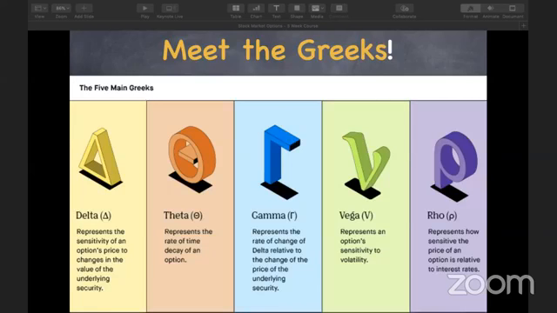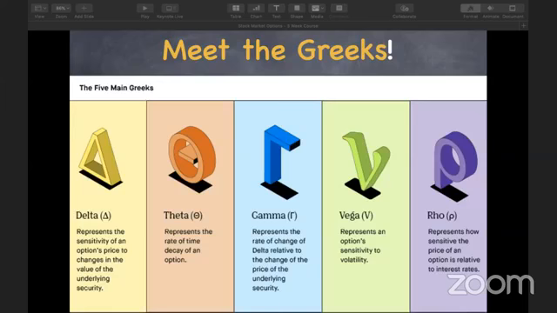Theta represents time decay. If you buy an options contract, you are in a race against time because all contracts expire. If you sell options contracts, then time works on your side. You have Vega.